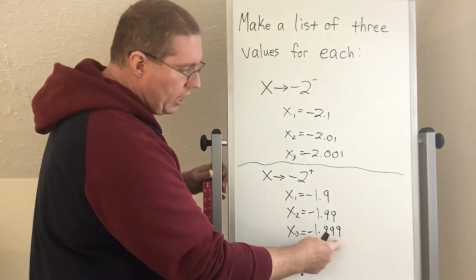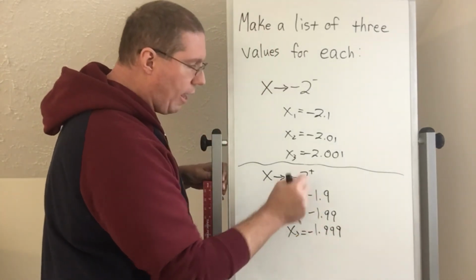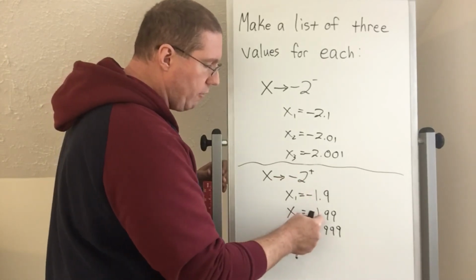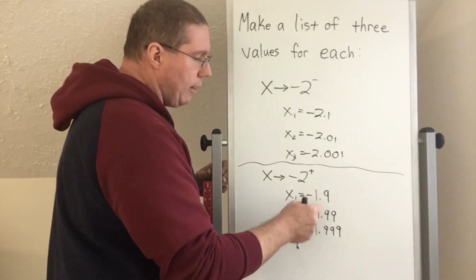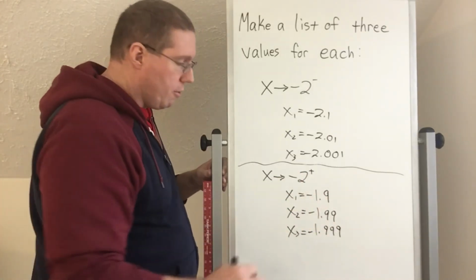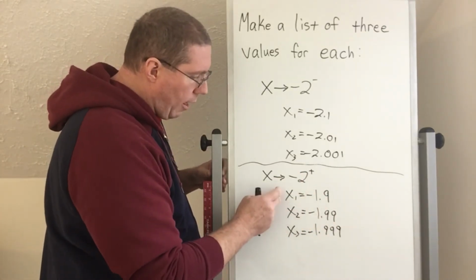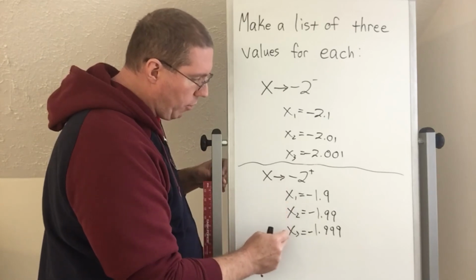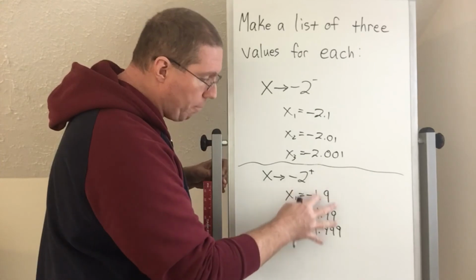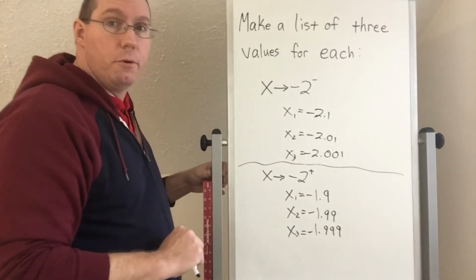See, negative 1.999 is right next to negative 2. A little farther away, but still close, is negative 1.99, and still close, but a little bit farther away, is negative 1.9. And so as we go from x1 to x2 to x3, these numbers are getting closer and closer. They're approaching negative 2, okay?